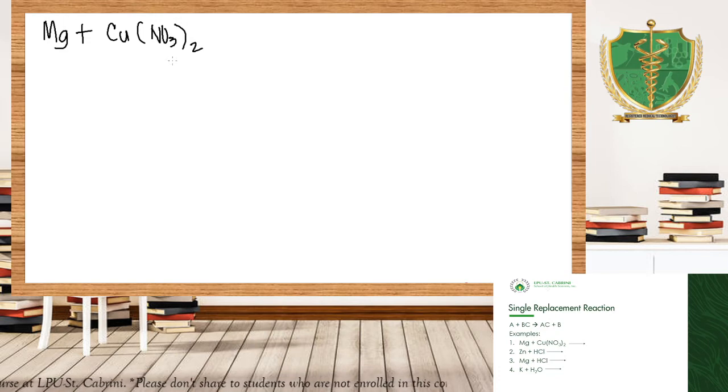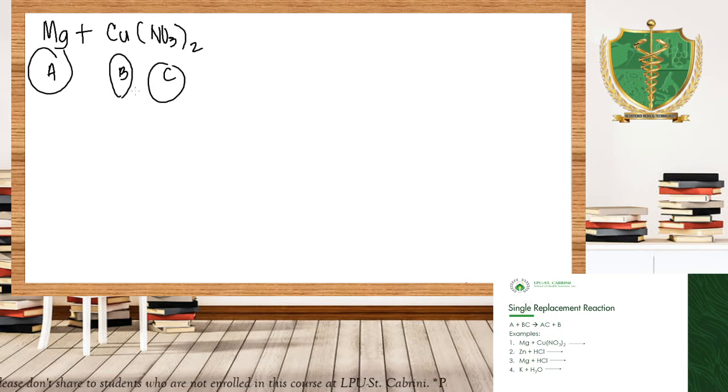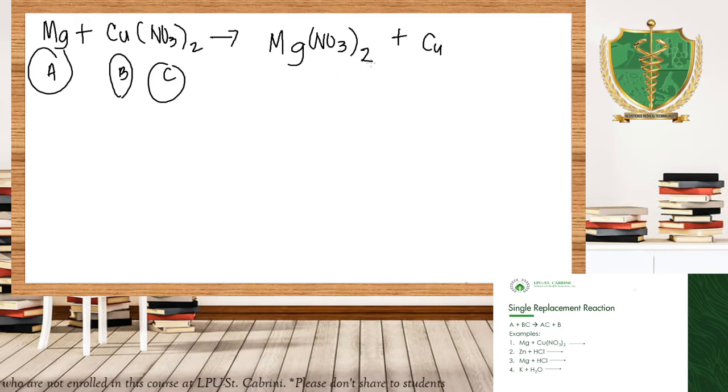Again, our formula is A plus BC will give you AC plus B. If this is our A, this is our B, and this is our C, then A and C stand together, and B stands alone. So the product will be magnesium nitrate plus copper. Oh, why does this have a 2?